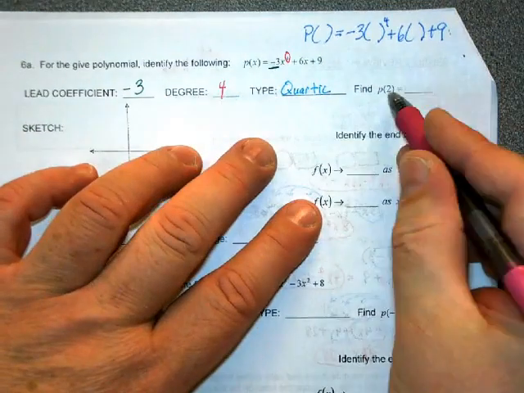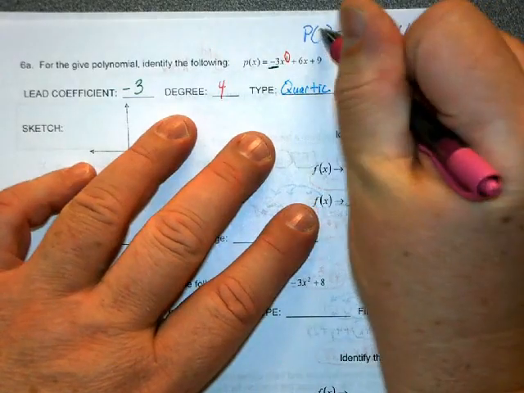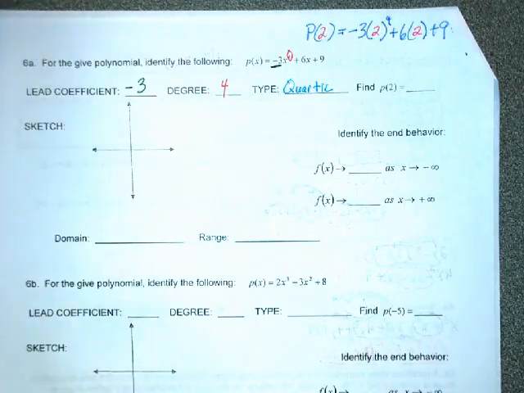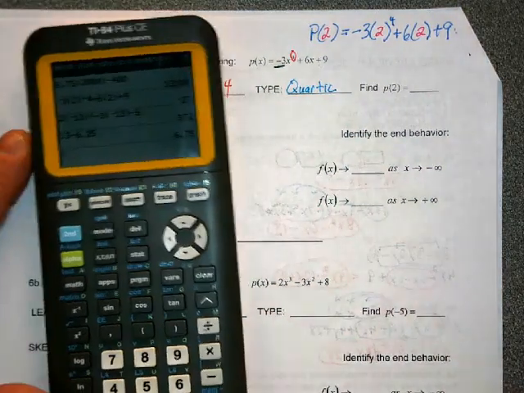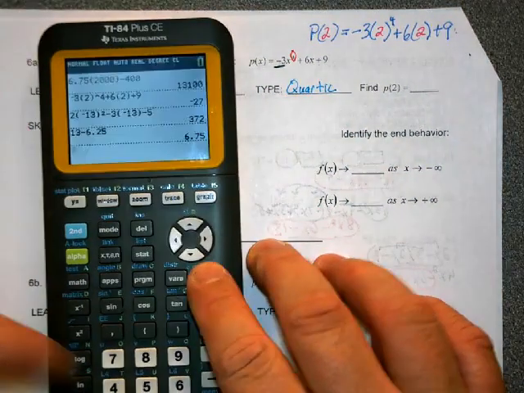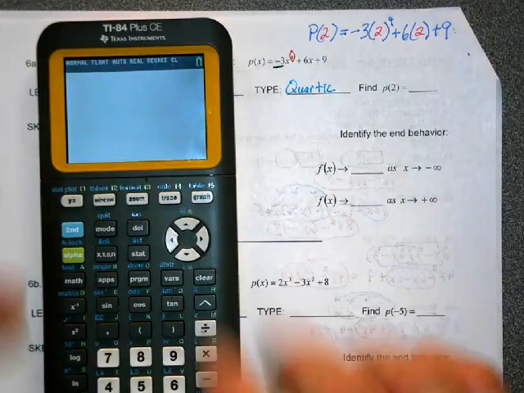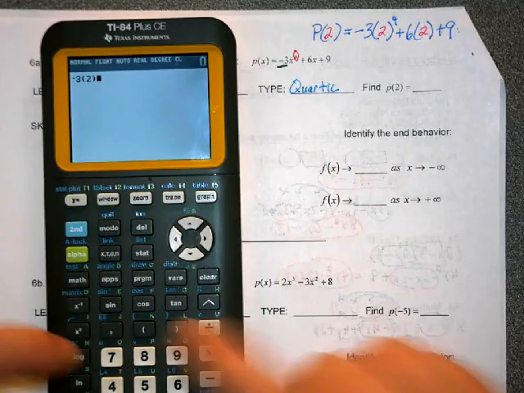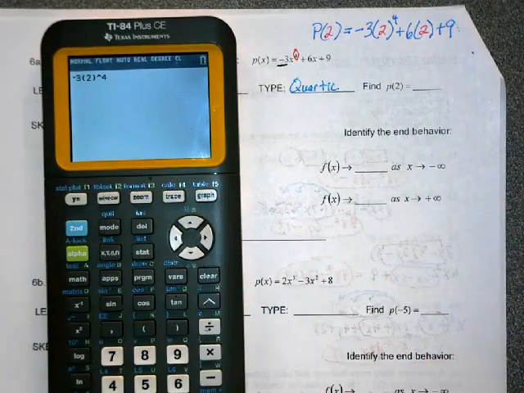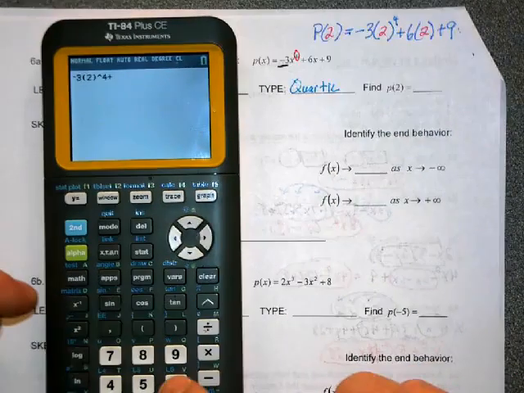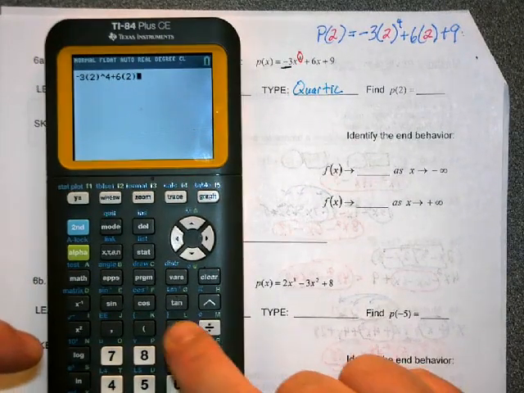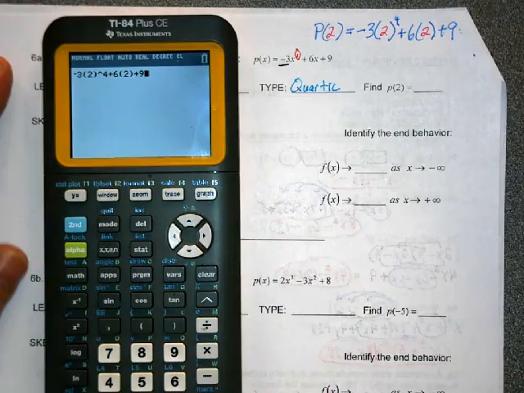Use your handy dandy calculators. Negative 3 times 2 raised to the 4th plus 6 times 2 plus 9. And what do you get? Negative 27.